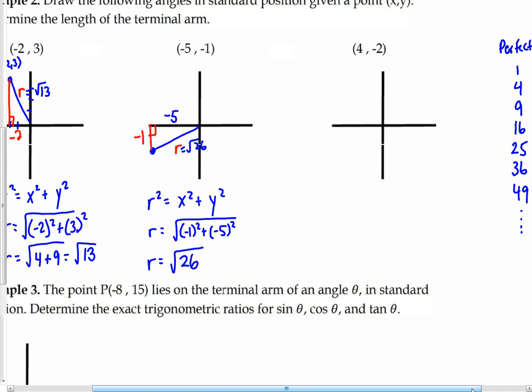Okay, the last one, what quadrant is it in? 1, 2, 3, or 4? 4. We label our x and our y. Let's find our radius.